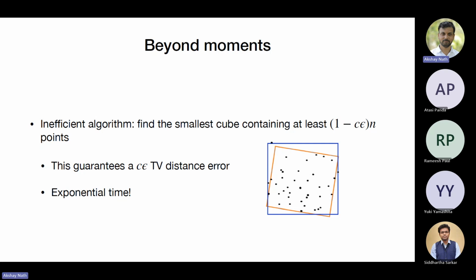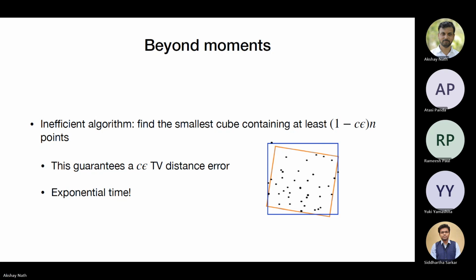If you have an H hat which has low TV distance to H, then in some sense you have estimated the matrices rather well. The Frobenius norm has to be small.